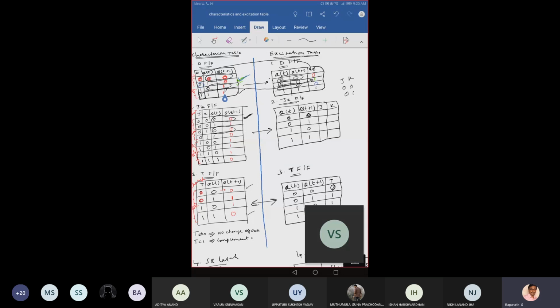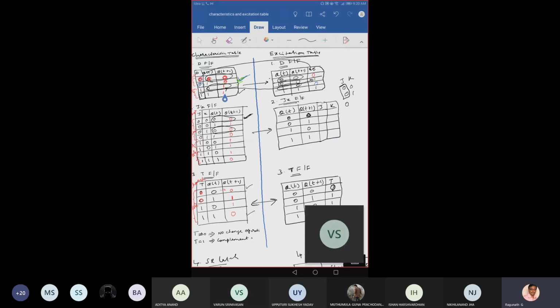Because I'm going to consider only the present state and next state. I know only the present state and next state output; for that, I'm going to write the inputs. You got my point. So in these 2 combinations, what is the J value? J is 0.